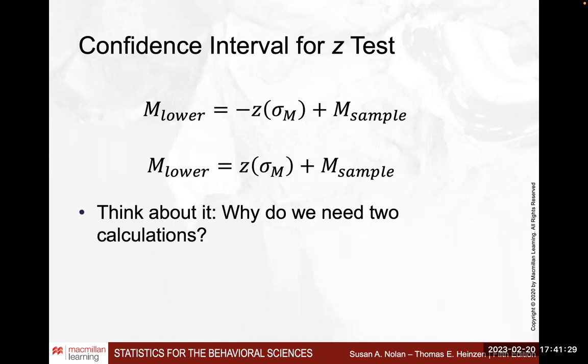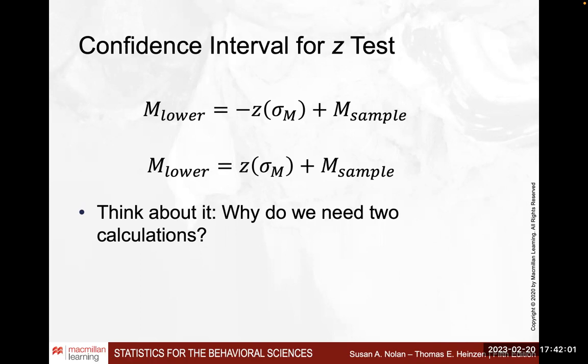So we have now lower would be the minus z, so that's minus 1.96 multiplied by the standard error of the mean, because that's how you come back to the raw score, plus the mean. And this is the same formula that we utilized to basically calculate from an individual z score back to the raw score, if you remember that.